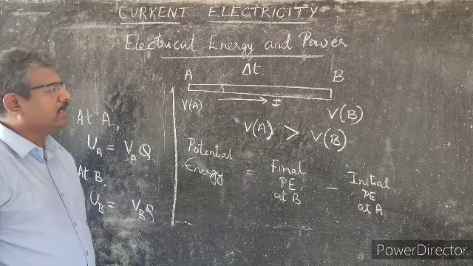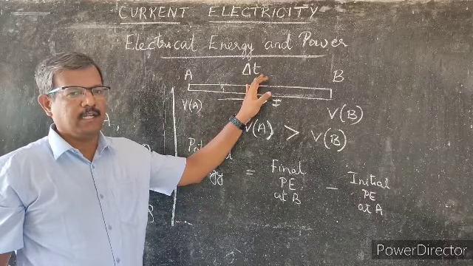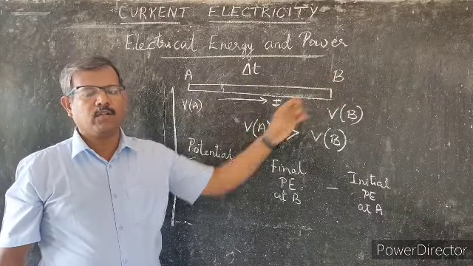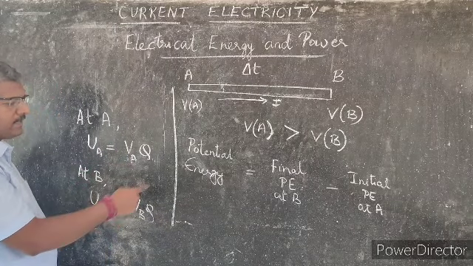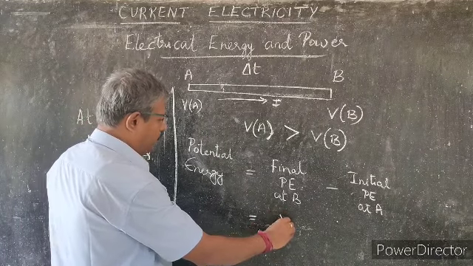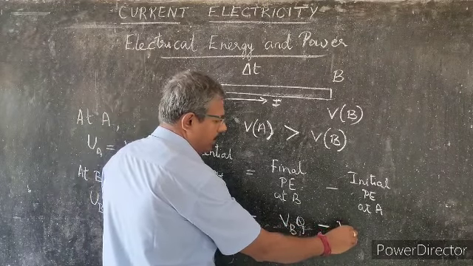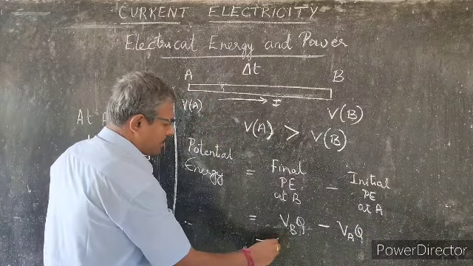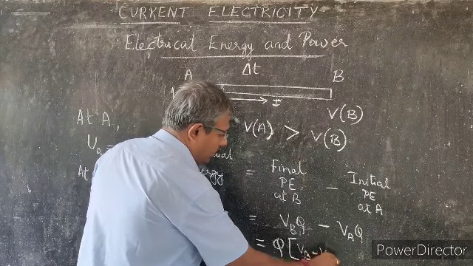The assumption I am making is that I am allowing this potential difference to exist for a time period delta t, during which Q amount of charges have flowed from point A to point B. Now I put it here: VBQ minus VAQ, which is Q common, VB minus VA.